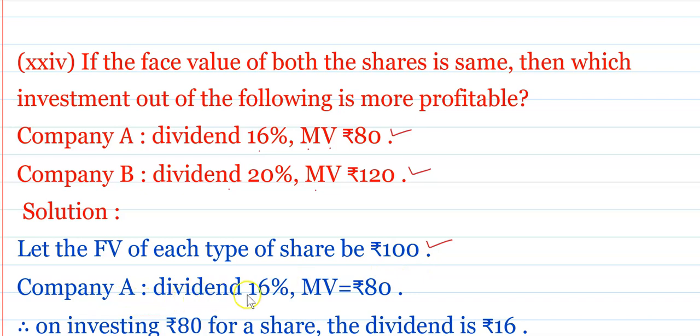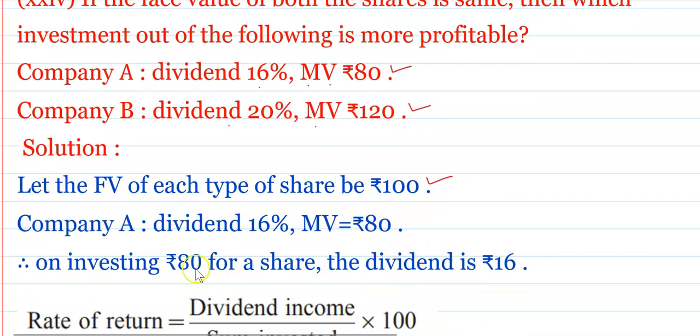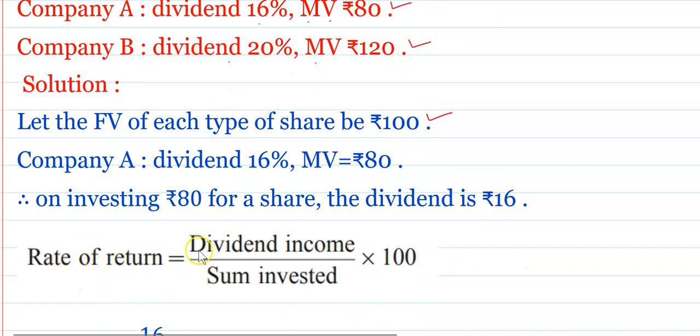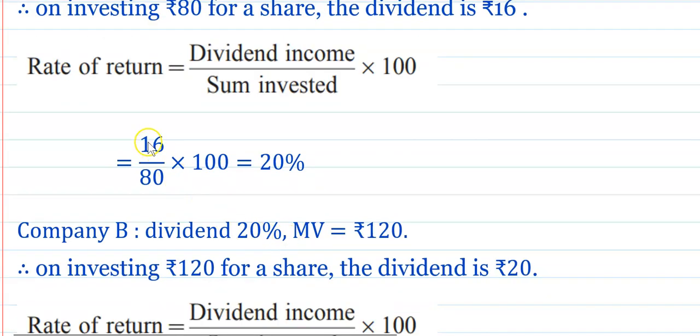Company A, dividend 16%, market value 80. On investing 80 rupees for a share, the dividend is 16. Therefore, the rate of return is equal to dividend income upon sum invested into 100. Dividend income is 16. Sum invested 80 into 100, and after simplification you will get here.